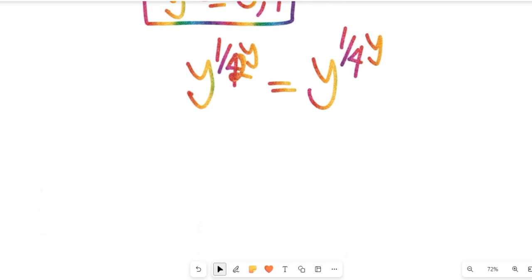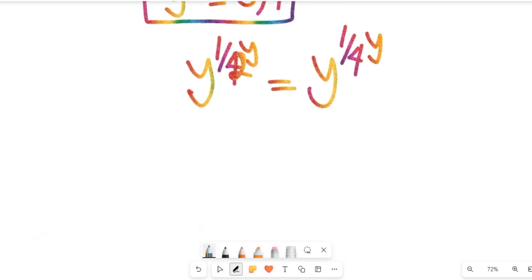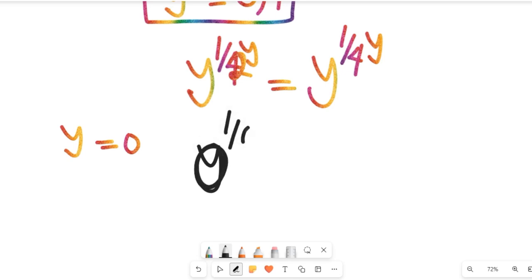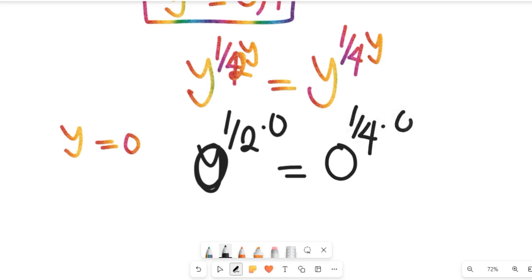Now let's take the value of our y to be equal to 0. If our y is equal to 0, then we'll find out that this will be 0 to the power of 1 divided by 2 multiplied by 0, and this will be equal to 0 to the power of 1 divided by 4 multiplied by 0.